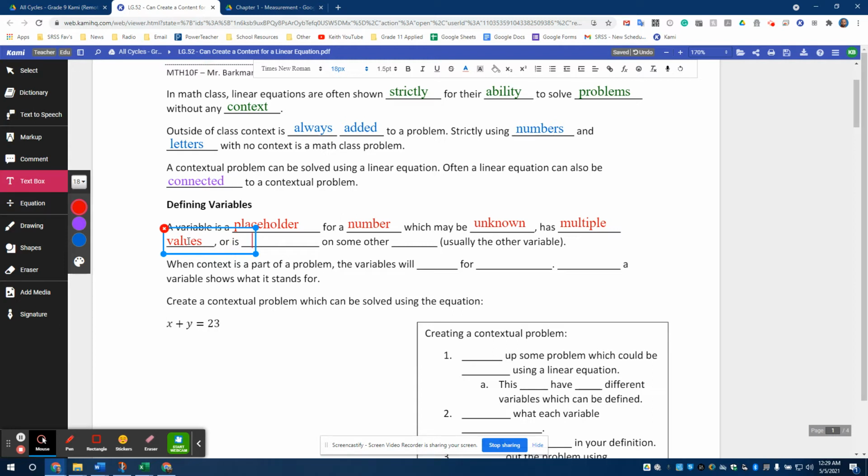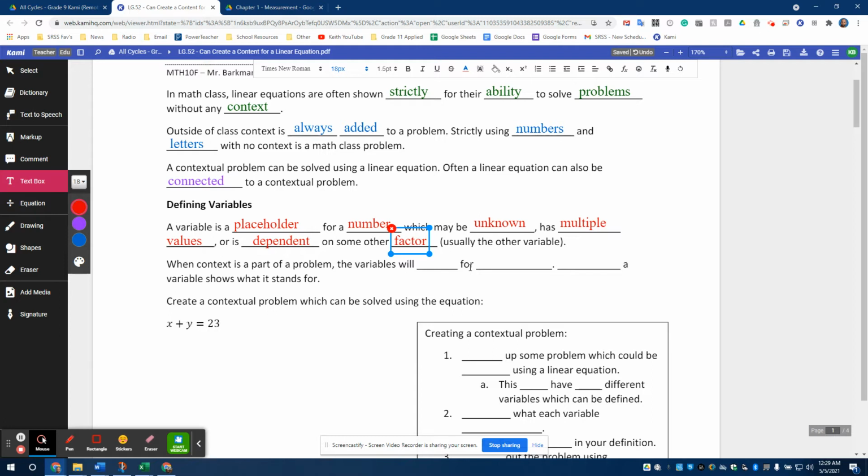Or it is dependent on some other factor. That's usually the other variable. Usually we take our y value as dependent on x.